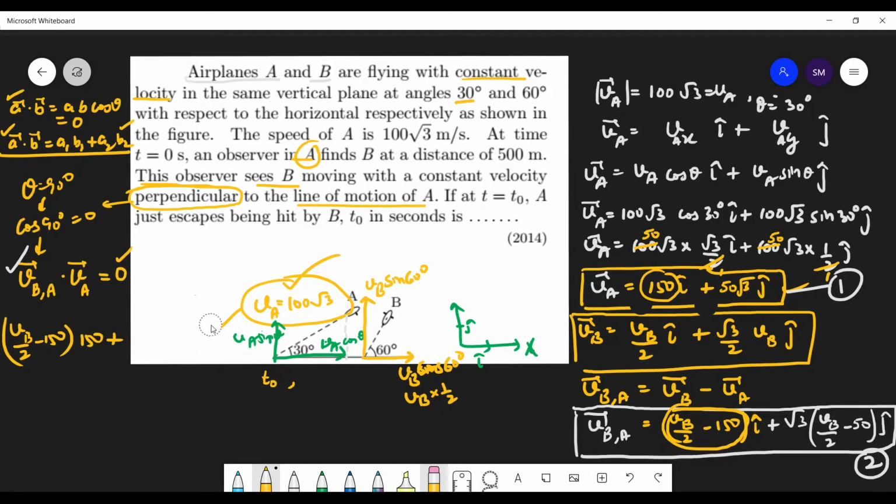So students, now their J components will be multiplied. So 50 root 3 into VB by 2 minus 50, and this will be 0. Okay. Now you can solve it quite comfortably.